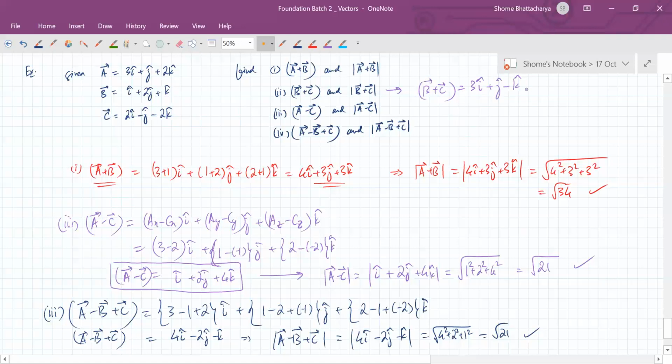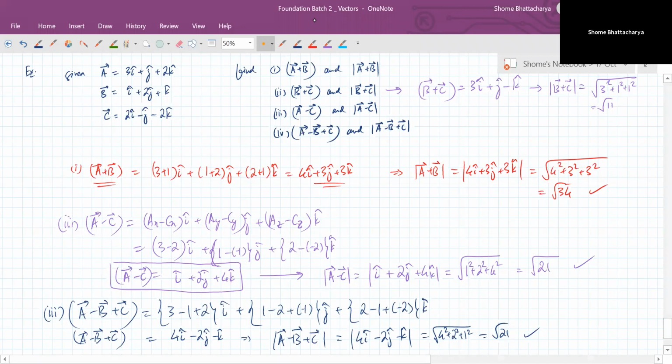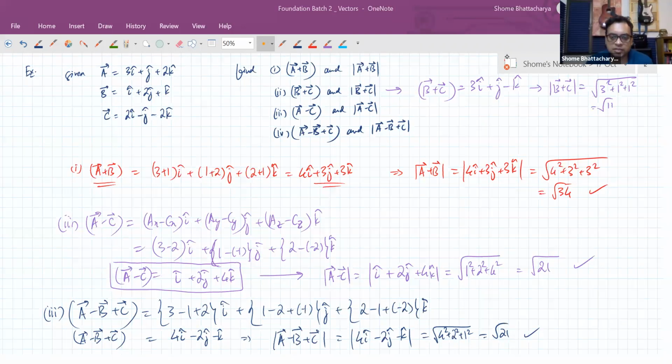Okay, so magnitude of B plus C will become magnitude of this vector, so that is root of 9 plus 1 plus 1, so that is root 11. Okay, so this is the general method of solving these type of questions.